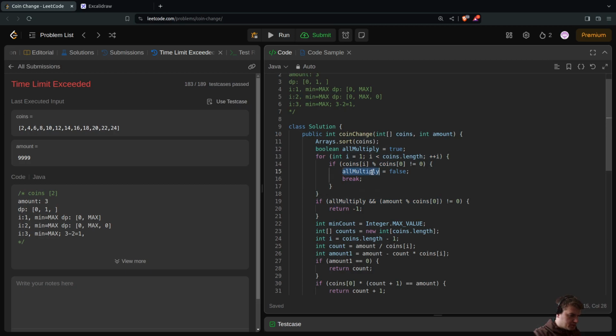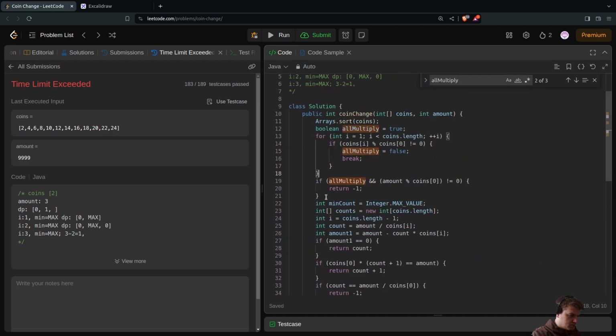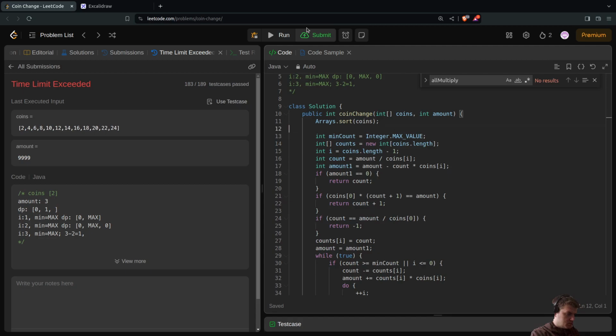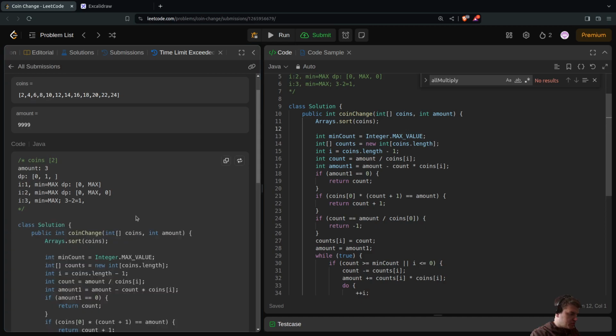Is it used somewhere else? So this one is the important part on multiply.